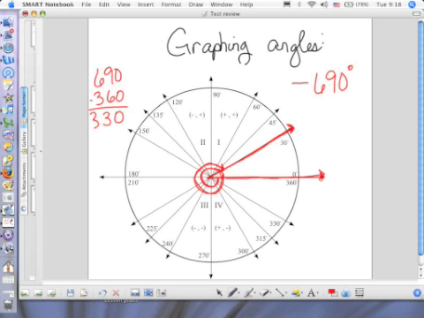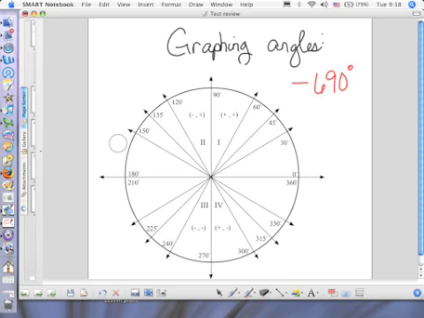All right, let's say we graph an 810-degree angle. Here's my initial side. 810 is how many full circles? 2 full circles, which is going to give us 720, right?